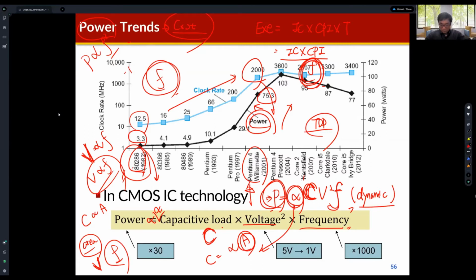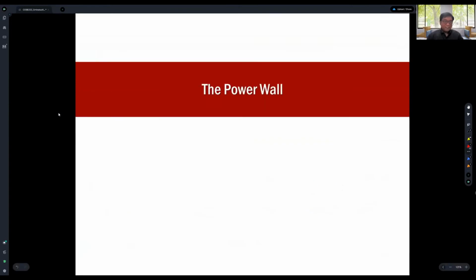Do you understand? That's why the title of this section is called the power wall. What is a wall? If a wall is in the middle of the road, then we cannot proceed. What does power wall mean?